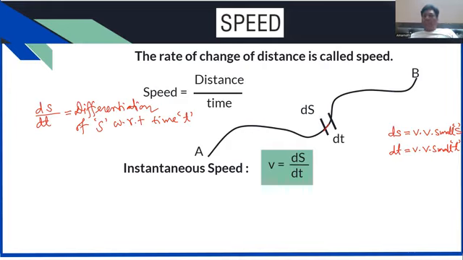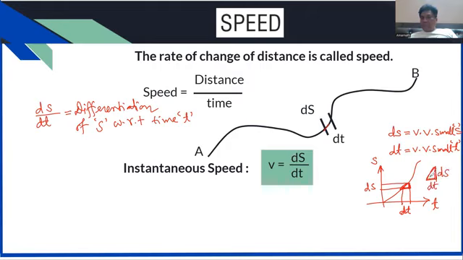Remember, this is also called the slope of the graph. Say this is the graph of distance, this is distance and this is time. Say the graph is like this. What is ds by dt? If I take a small time dt here and a correspondingly small distance ds here, in this small triangle, this is distance and this is time.